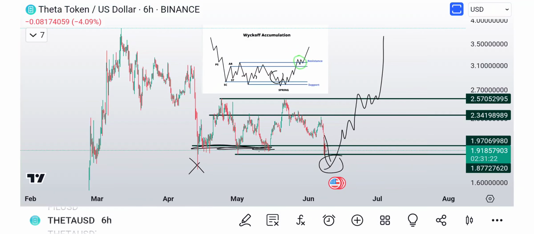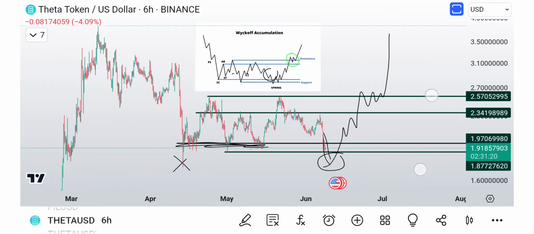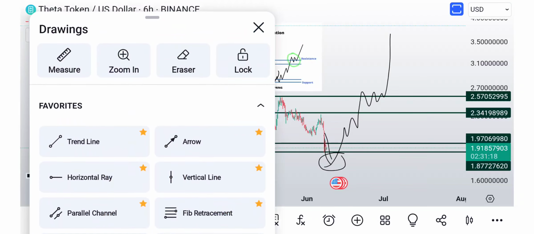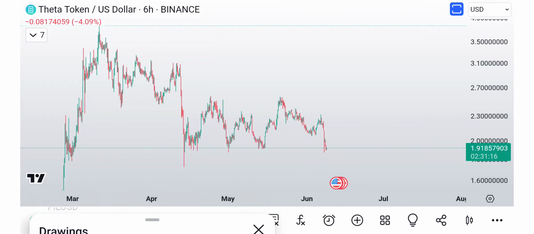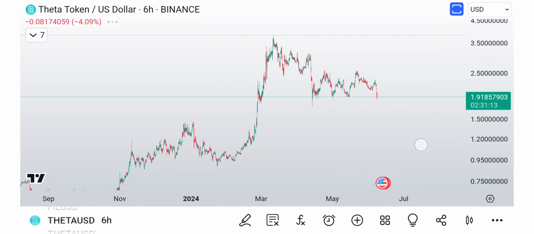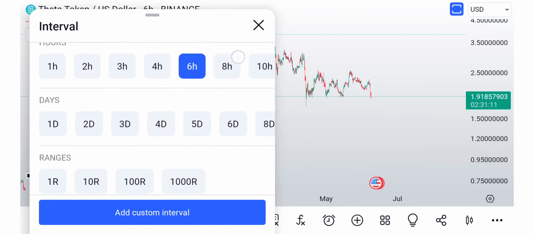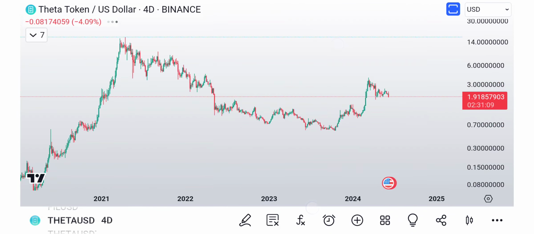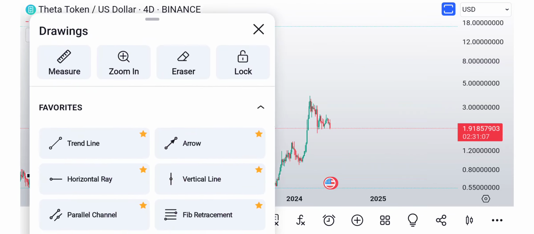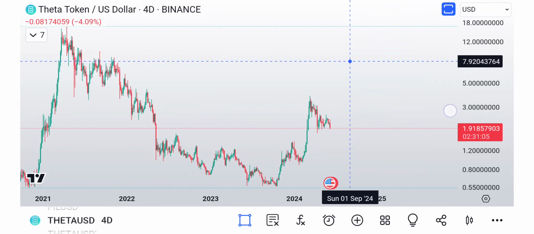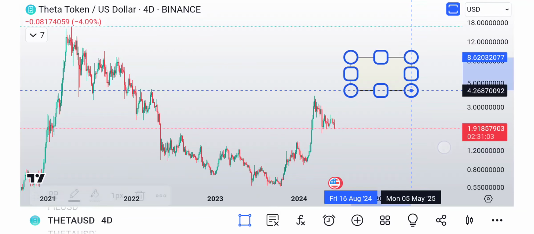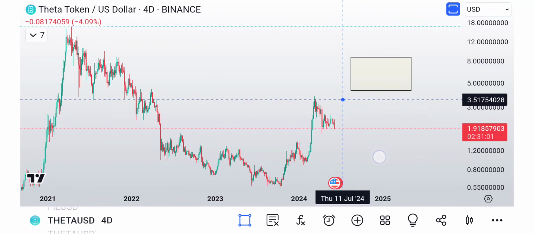Because let's recap here. I'll take everything off the screen. So the main idea has always been, ever since I started this channel, getting back into the retracement levels somewhere up here. Right? That's been the main idea.